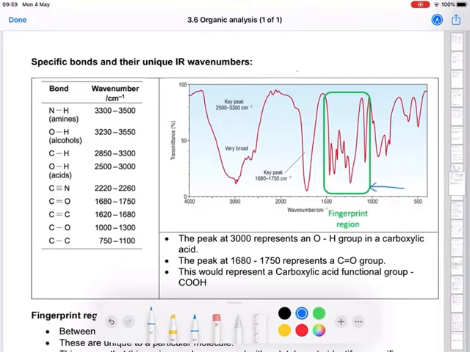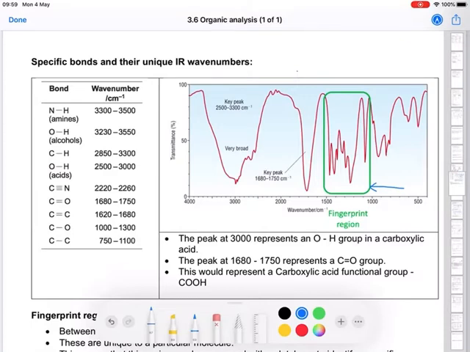We call it the fingerprint region. Although you can't really determine anything particular from the peaks in here, we call it the fingerprint region because this section of peaks is unique to each and every molecule.